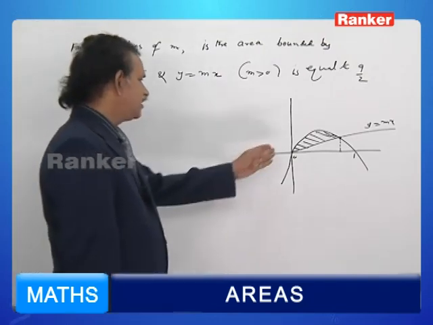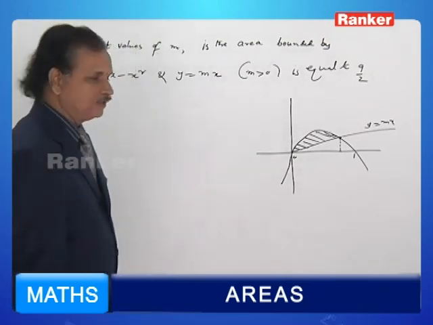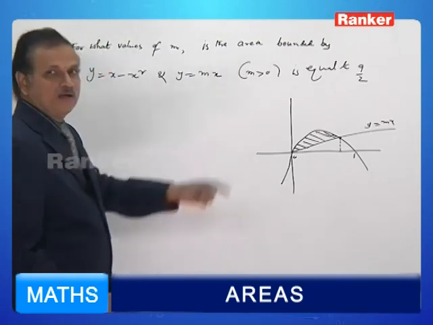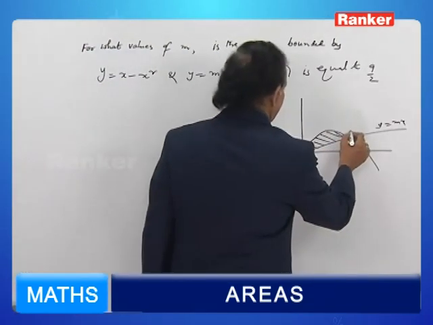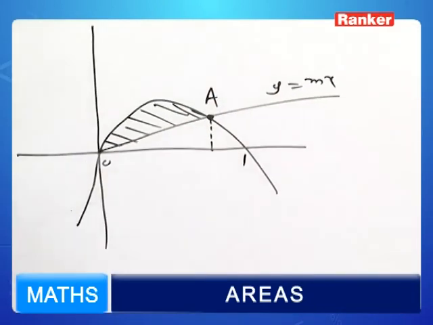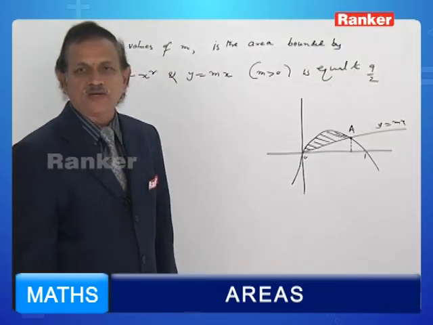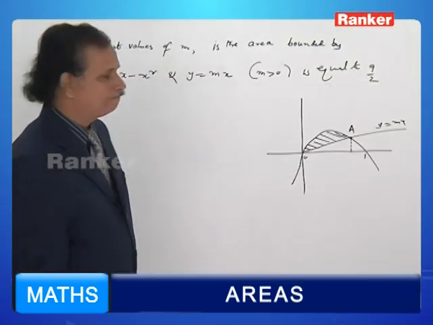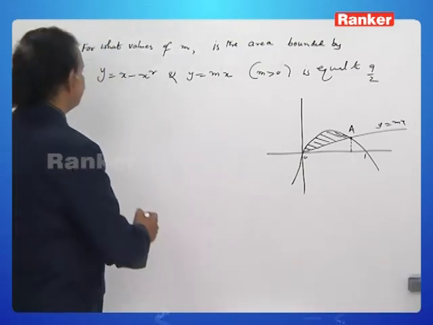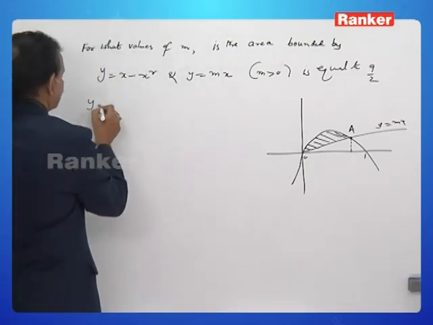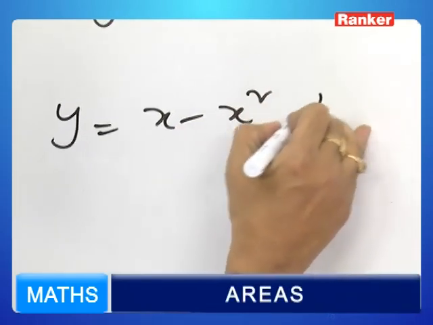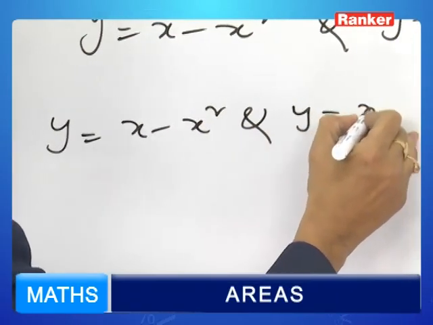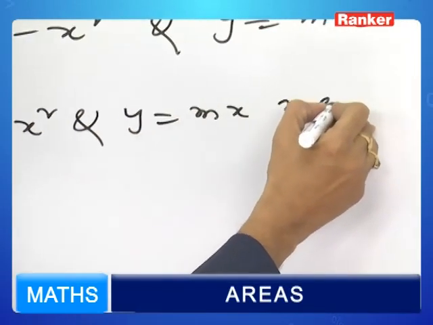One thing is sure, at origin both of them meet, no doubt. What is the other point, say the point A in the graph? We are now ready to have A. How? Just solve them.